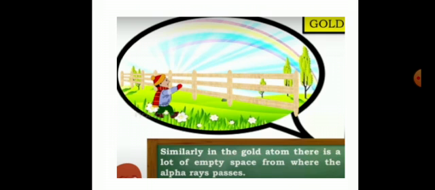The stone will pass through the fence. Why did this happen? Because there is a lot of empty space between two planks of the fence. Hence the stone passes through the fence. Similarly, in a gold atom there is a lot of empty space through which the alpha ray passes.